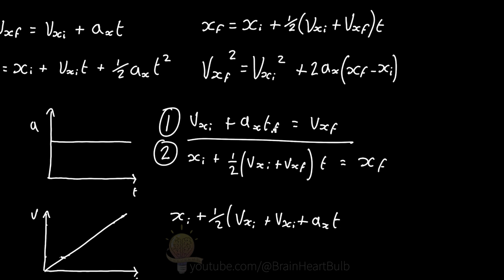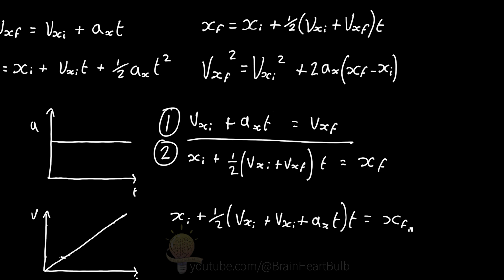And just a note here, this final time assumes that the initial time was 0. So in effect, this is saying over a change in time. Multiplied by t is equal to the final position of that particle.